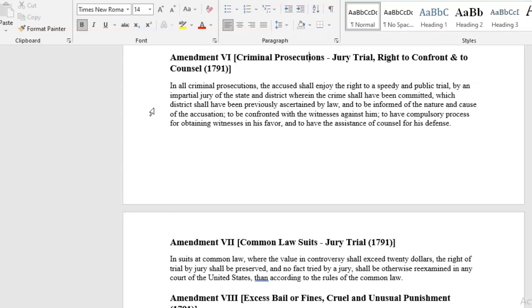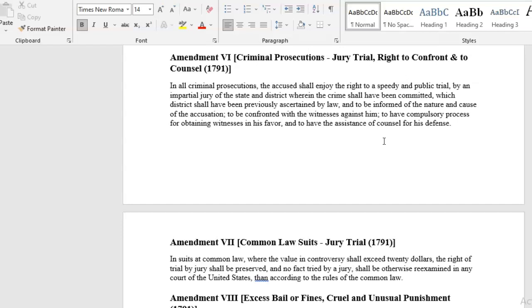Because in this, one of the words we want to look up is counsel. When we look up the word counsel in a legal dictionary, it doesn't say bar card carrying attorney. Although you could choose a bar card carrying attorney to be your counsel, that's not the sole definition of counsel.